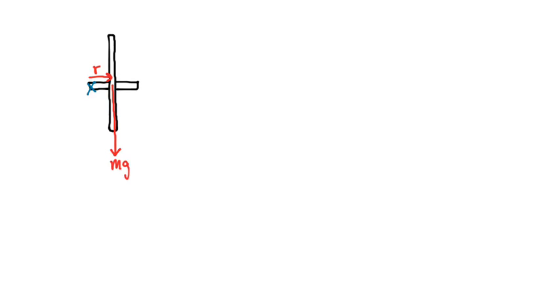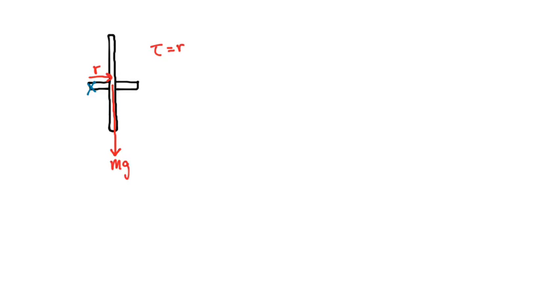So if I have a force and I have a distance and there's a perpendicularness to them, what am I going to have? Torque. That's a torque right there, right? Independent of the wheel spinning, there's a torque that is applied right there.